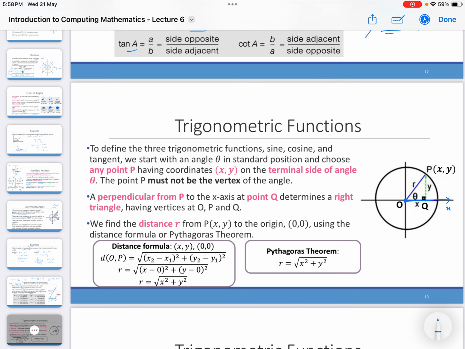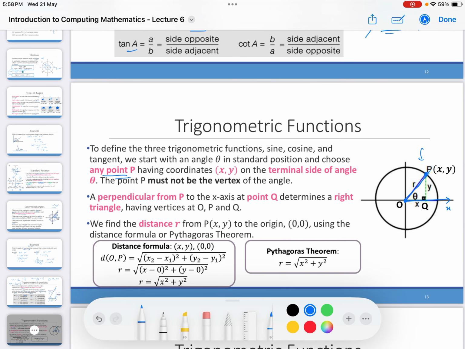Standard position. Then choose any point P. Let's look at this example. Let's say our terminal side is this one, and we choose this point as P, having coordinates x, y.